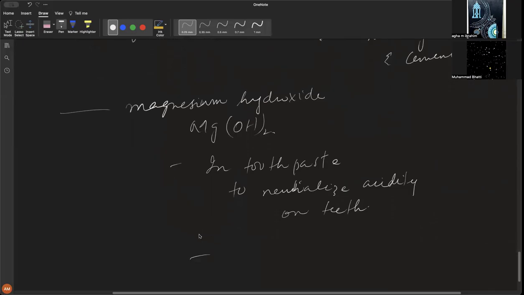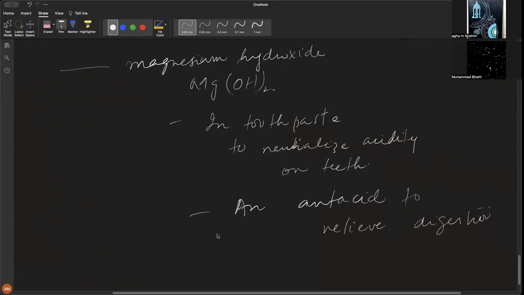One of the most important uses is as an antacid to relieve indigestion and also acidity, because magnesium hydroxide is an edible alkali.